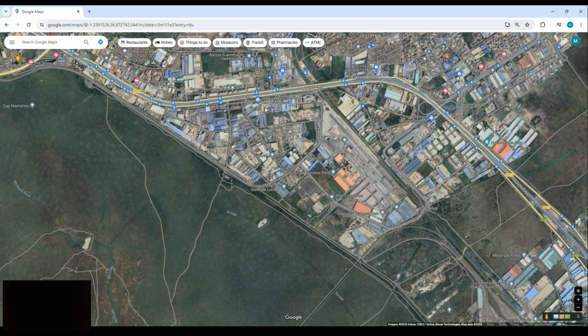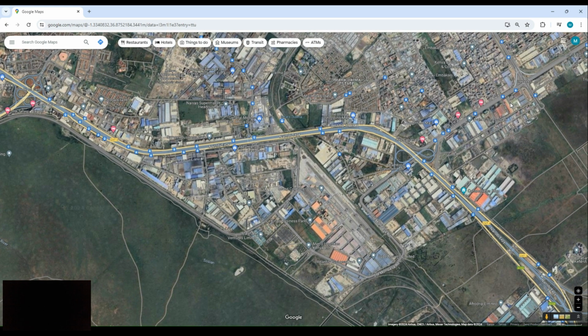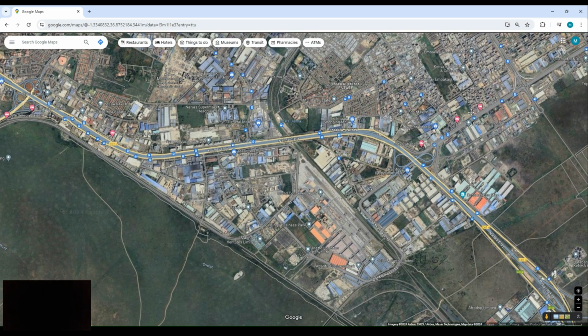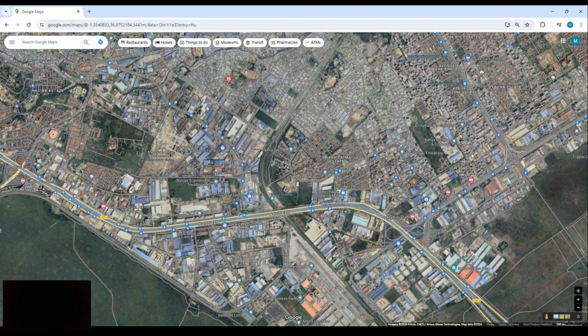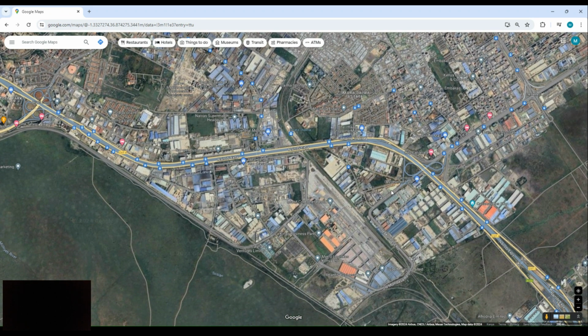So the larger Imaradaima, the larger ICD area, the larger Embakasi area, all the way to Avenue Park, significantly bring about flooding into JKIA, primarily because of how densely populated this area is. And of course, there's a lot of catchment of water that needs direction.